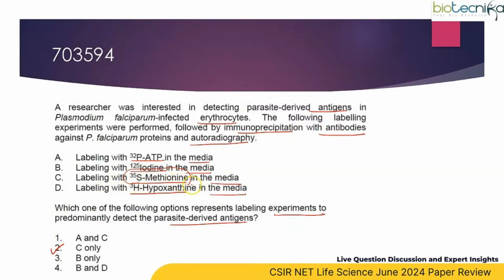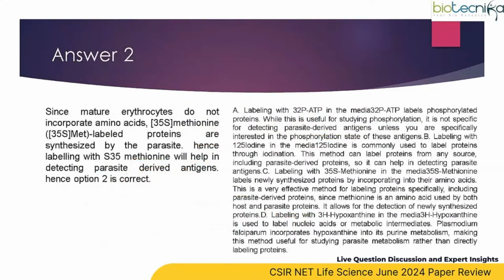S35 methionine will represent the labeling experiment to detect the parasite-derived antigens. Why is it like that? Mature erythrocytes do not incorporate amino acids, so when we use S35 methionine, the labeled proteins are synthesized by the parasite itself.